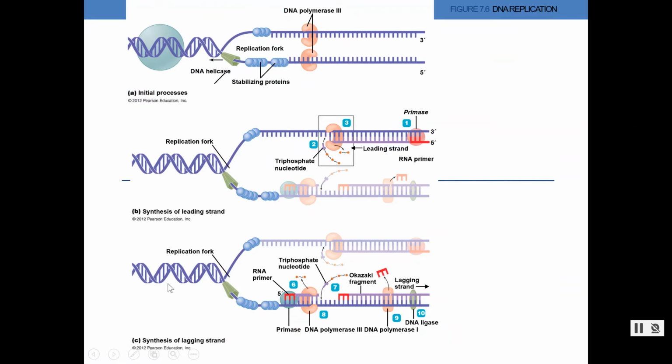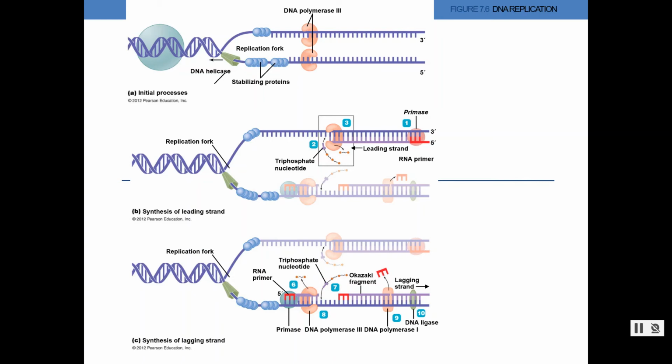All right, what other things do I need to point out? This is an anabolic reaction, right? We're building something. We need some energy. Where do we get that energy? Well, actually, these nucleotides that DNA polymerase III adds in are triphosphate nucleotides. Remember, we defined a nucleotide as a nitrogenous base, sugar, and a phosphate group.